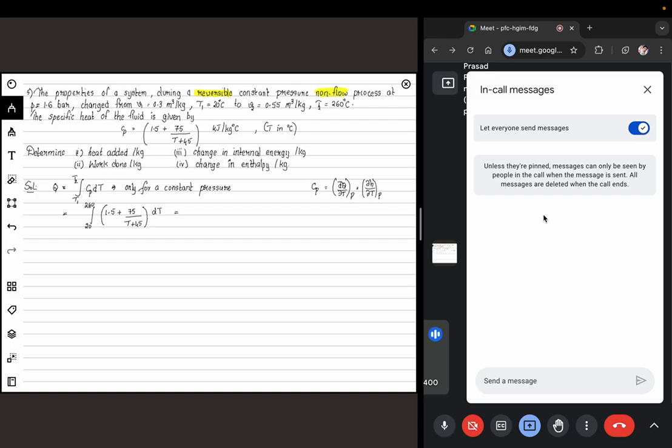Usually up until now, in the case of air, we came up with a relation for Cp, Cv, and R in terms of the gamma of air. So what was the relation? Cp is given as gamma R by gamma minus 1. Gamma is a constant, R is a constant, so this turns out to be a constant.